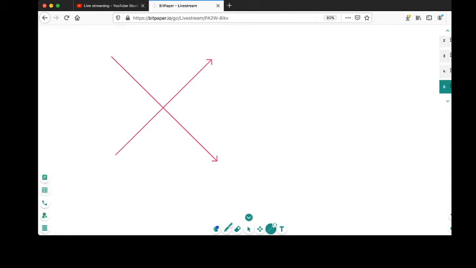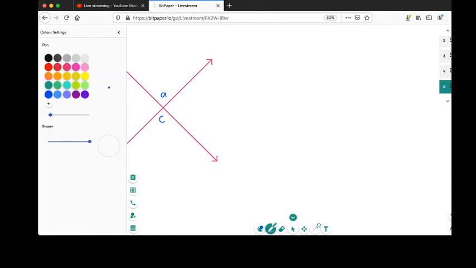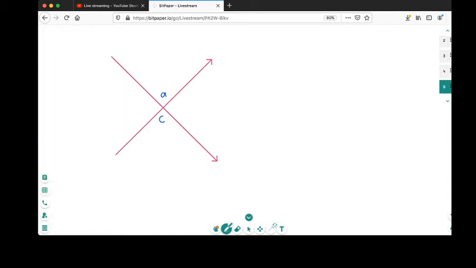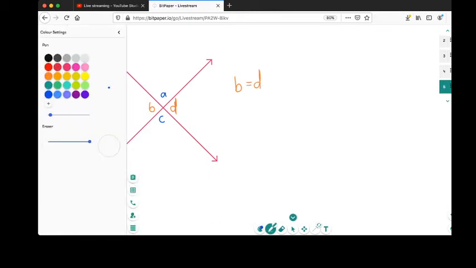Basically, if this is angle A, and this is angle C, and then this is angle B, and this is angle D, then B is equal to D, and A is equal to C.